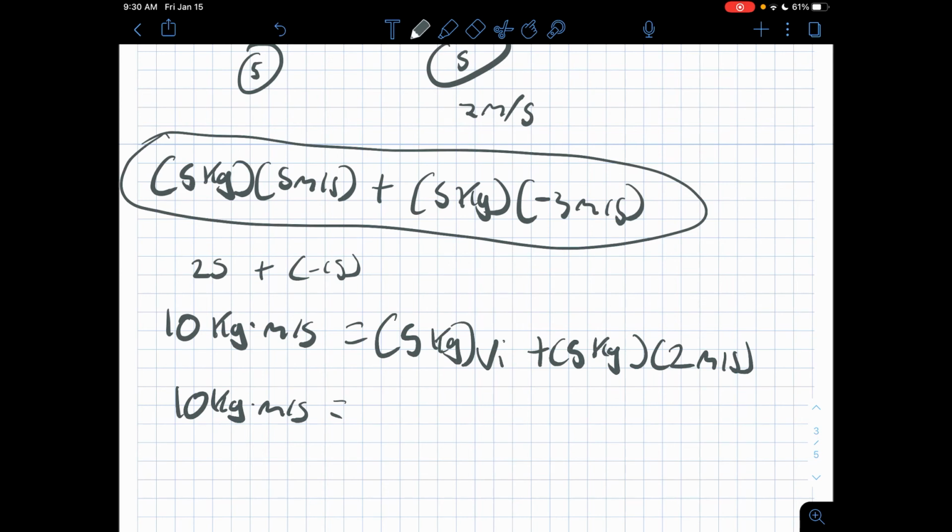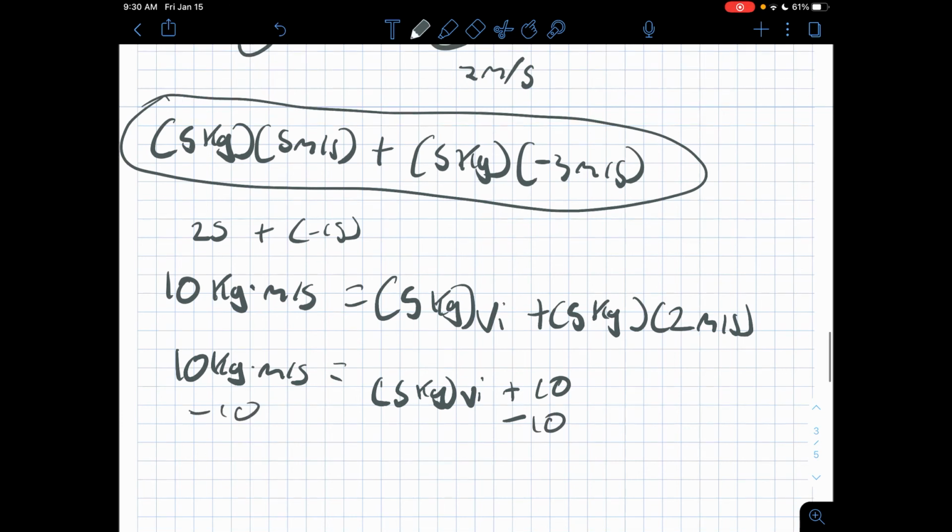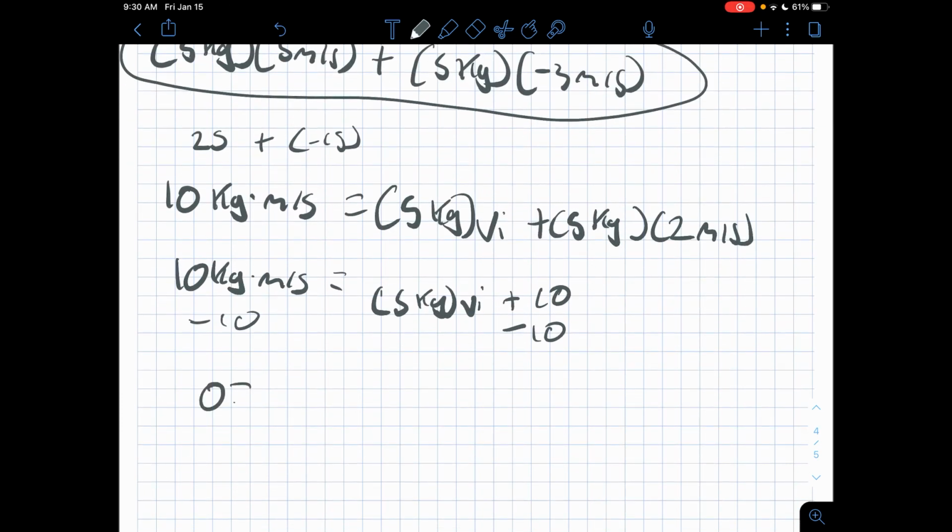So 10 equals, that's 10 as well. So you get 5 kg times the initial plus 10. Then you could subtract 10 here, subtract 10 there.